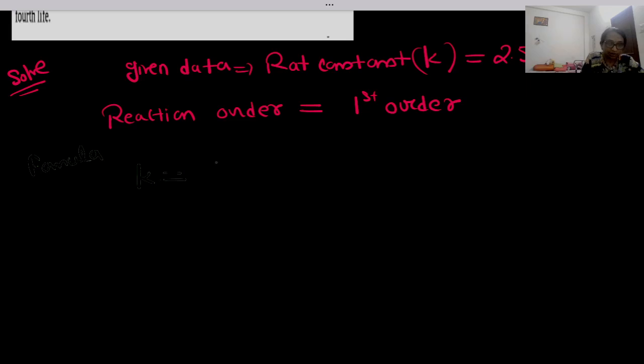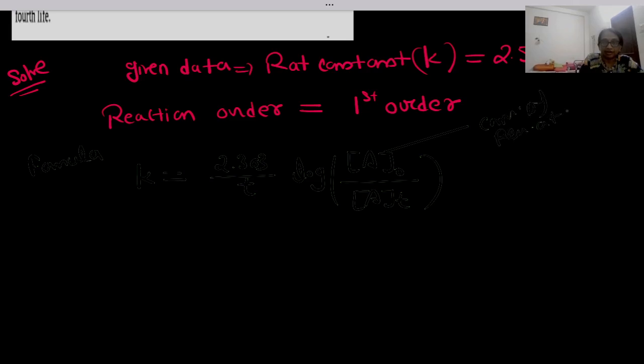The rate constant of the first order reaction is K = 2.303 upon t, log of the ratio of the initial concentration A0 and the concentration at time t. A0 is the concentration of reactant at t = 0, and At is the concentration after time t.